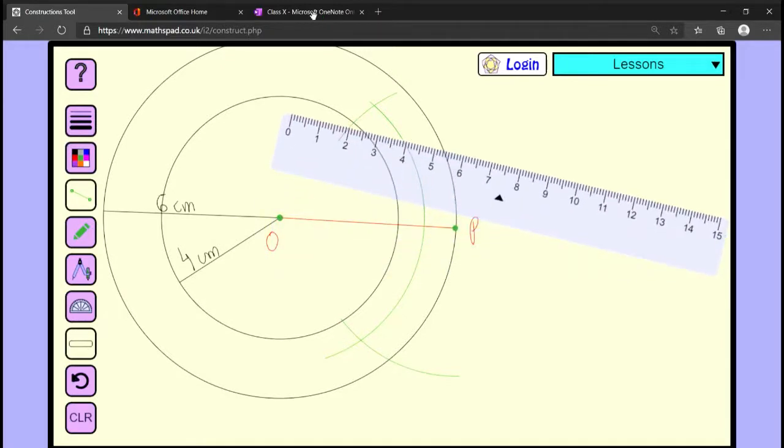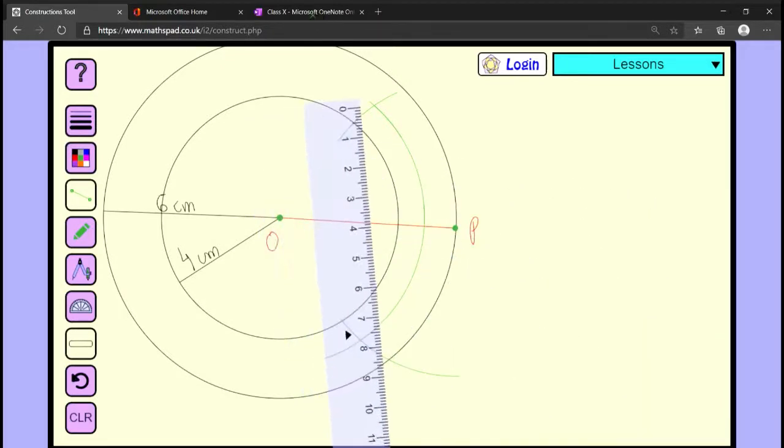Let's use a ruler to join the points of intersection of these arcs.